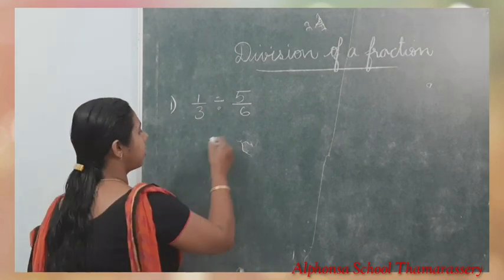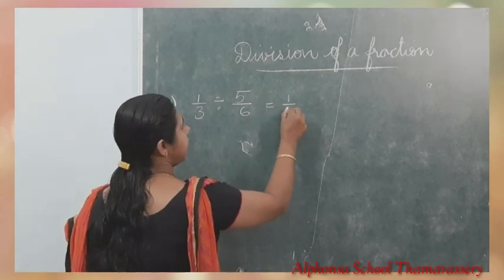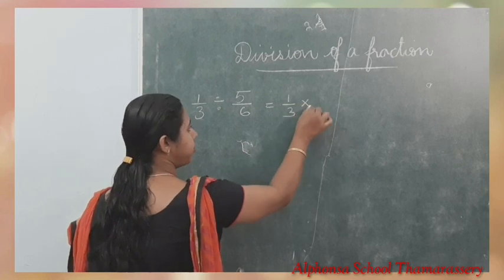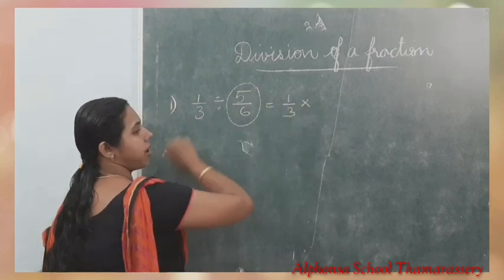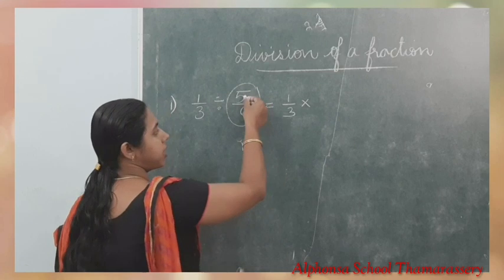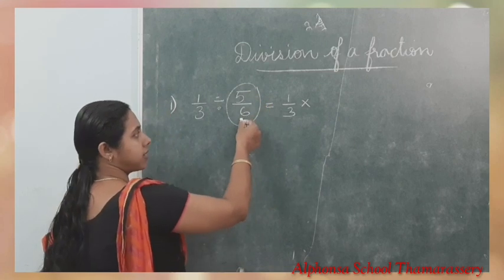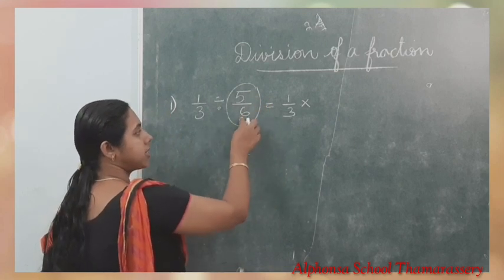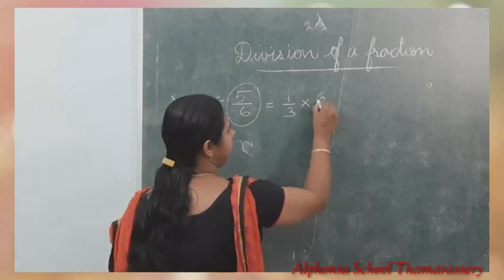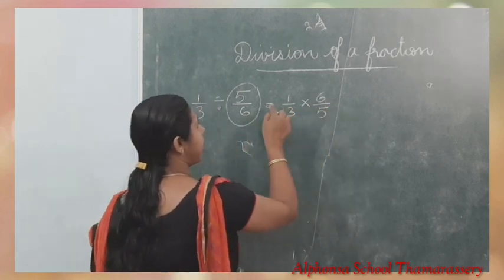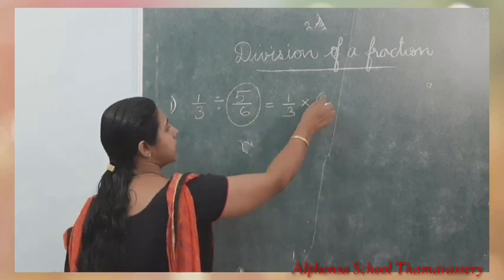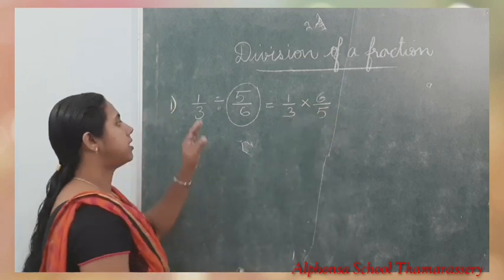So it will be 1 by 3 into reciprocal of the second fraction. The reciprocal of 5 by 6 is 6 by 5. So 1 by 3 into 6 by 5.